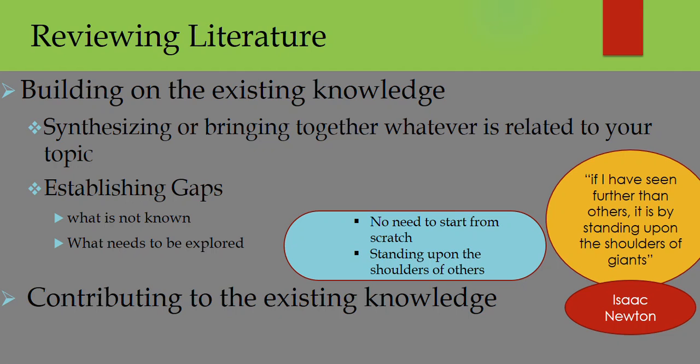So if you review a textbook or a paper, your purpose is to use the ideas, the understandings, the important points, the important works in your research, in your writing. So the purpose is to record them, report them, and use them in your writing. In this way you can build on the existing knowledge.